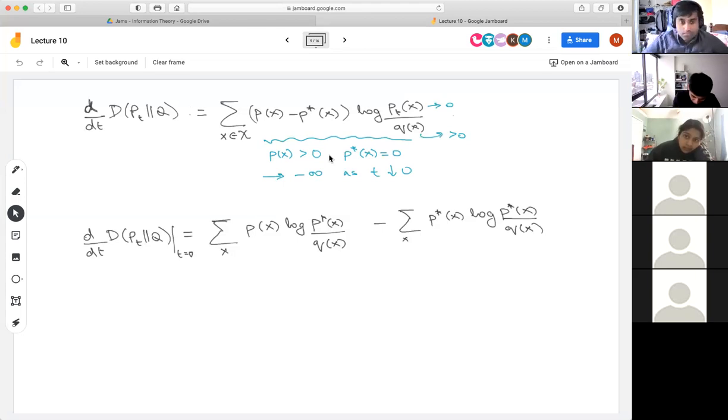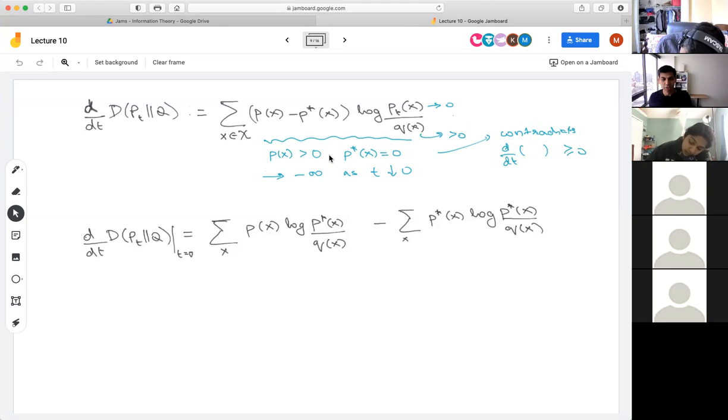So we can't have negative infinity. So this contradicts, so this can't happen. Which implies that if p of x is greater than 0, then p star of x must also be greater than 0. All right, good.